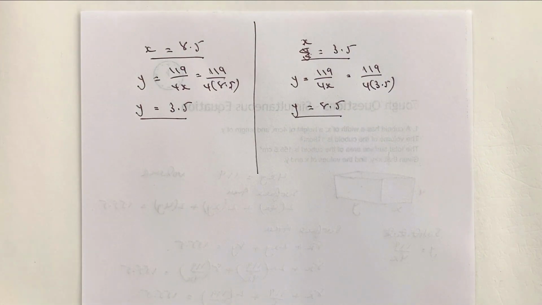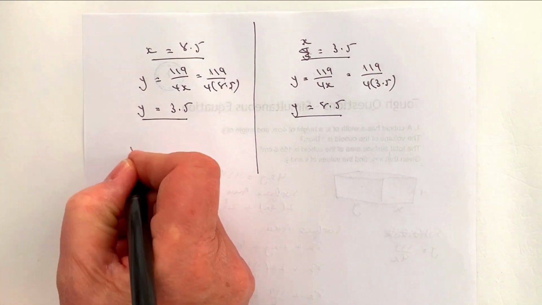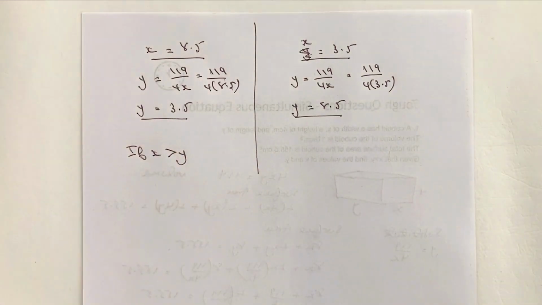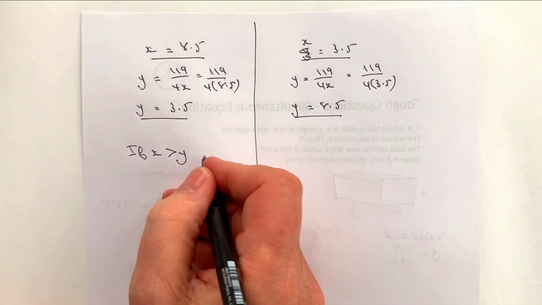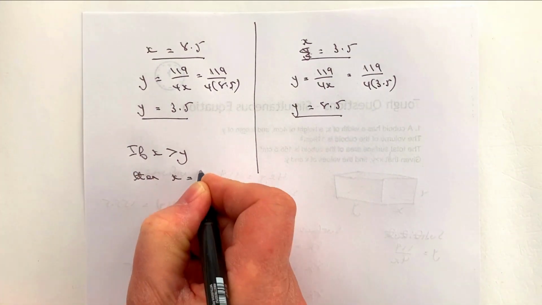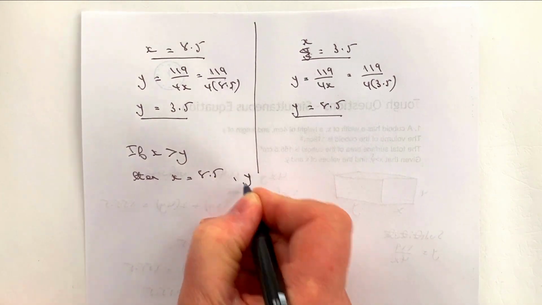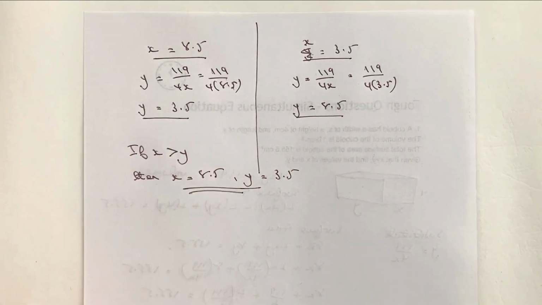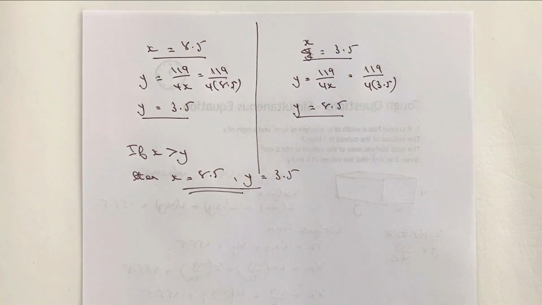Now, you may recall from the question right at the very beginning, it says that x is greater than y. So if x is greater than y, then the answer must be x equals 8.5 and y equals 3.5, and that is actually the answer to this particular question.